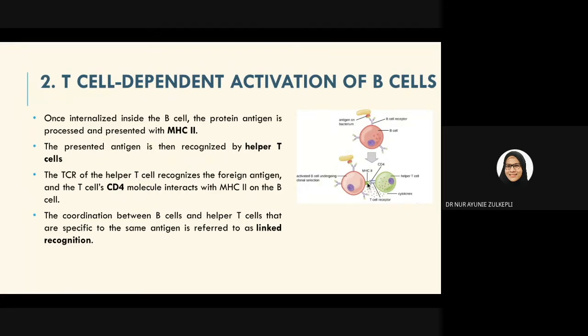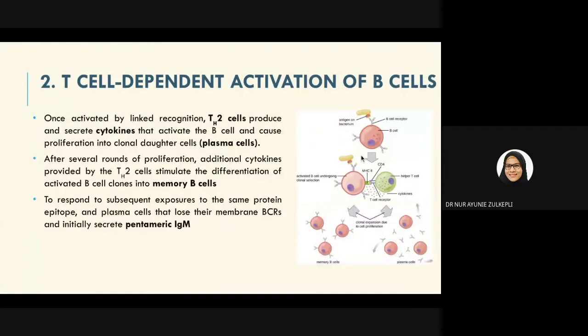This complex will be recognized by the CD4 of the T helper cells, if you still remember. The coordination between these B and T cells we call linkage recognition. After that, the B cell is activated.